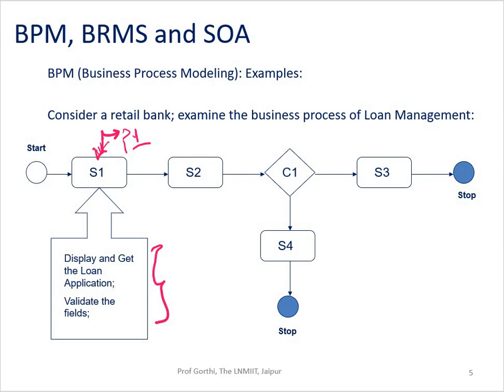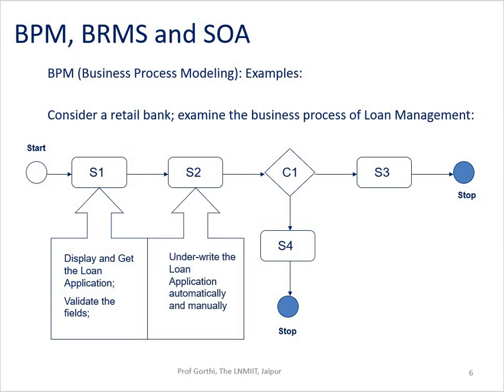Now what will happen in the next step? Let's underwrite the loan application automatically and manually. That's the next step, the next screen with the next process step. Afterwards, I see a different box, a diamond box, very familiar.